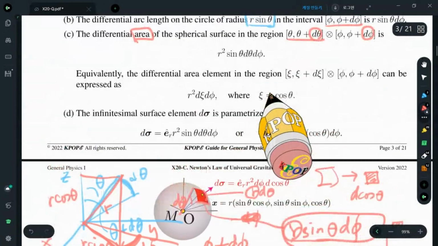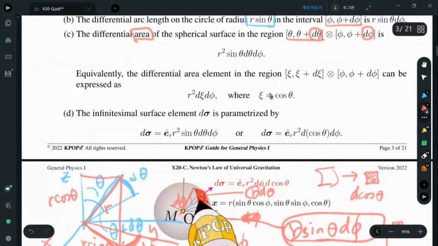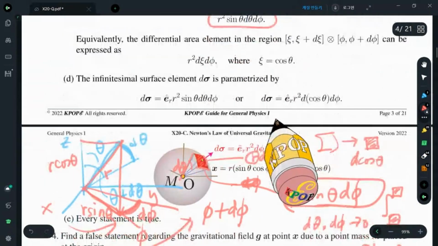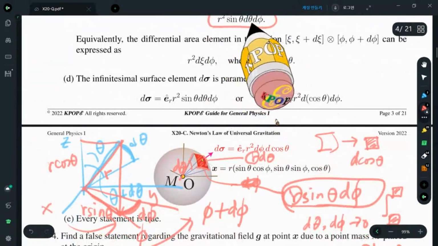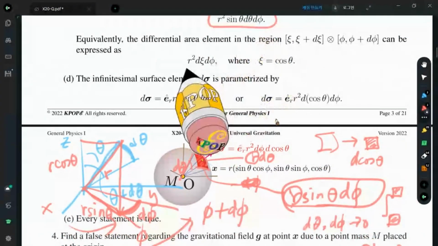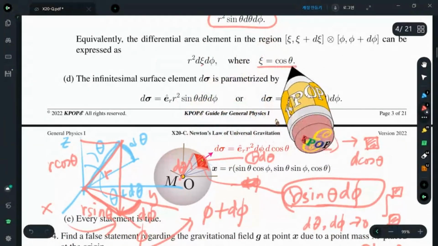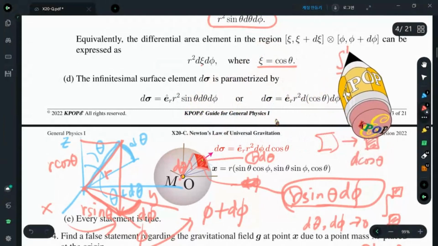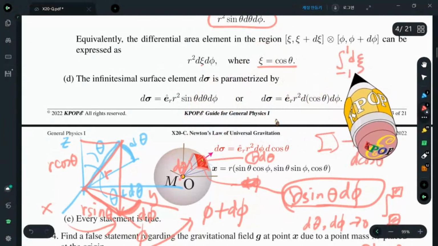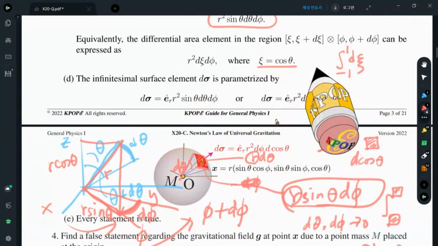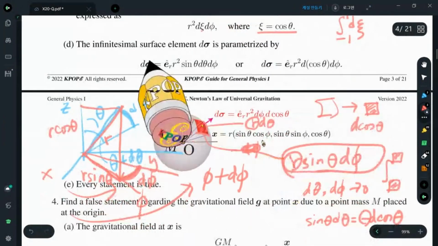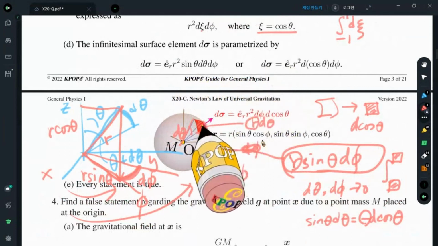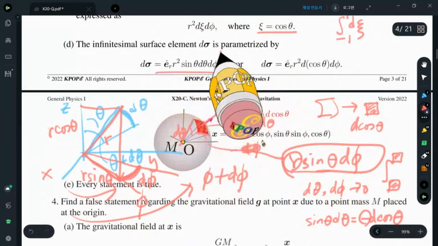So the area element on the surface is parameterized in this way, or it can be expressed in terms of cosine theta, and cosine theta runs from -1 to 1. The infinitesimal surface element is parameterized by its radial direction.